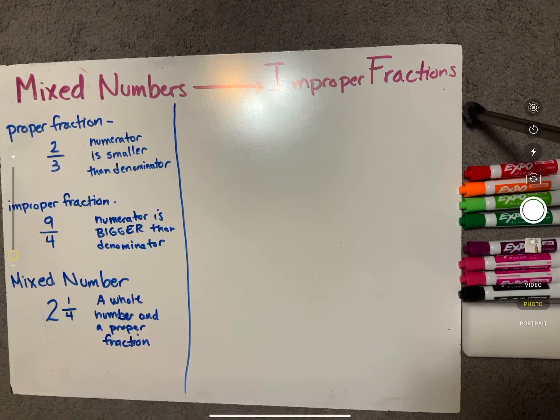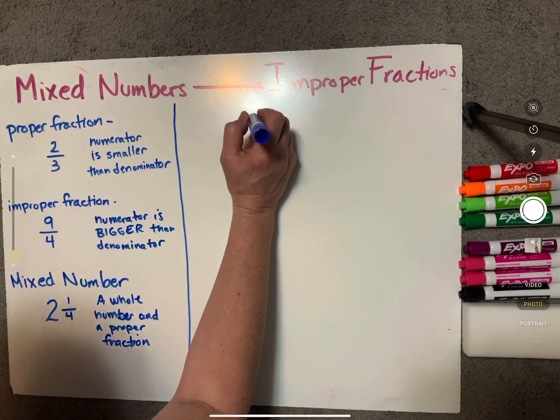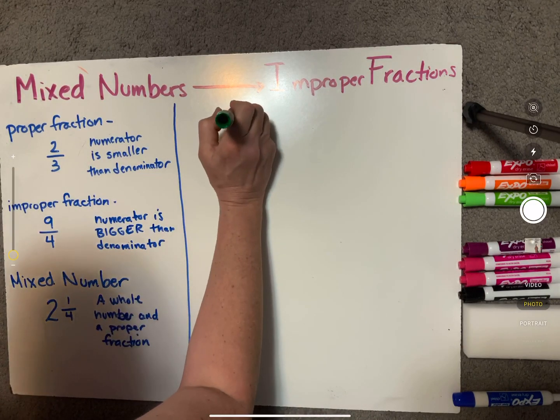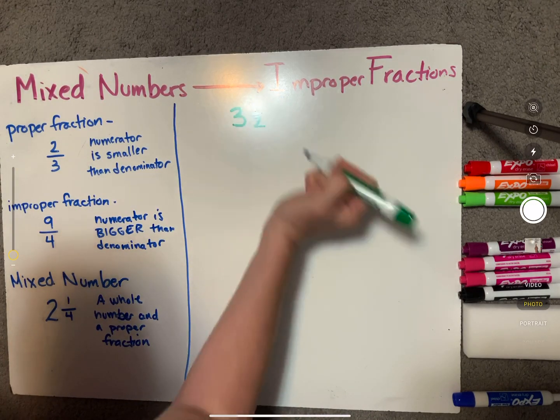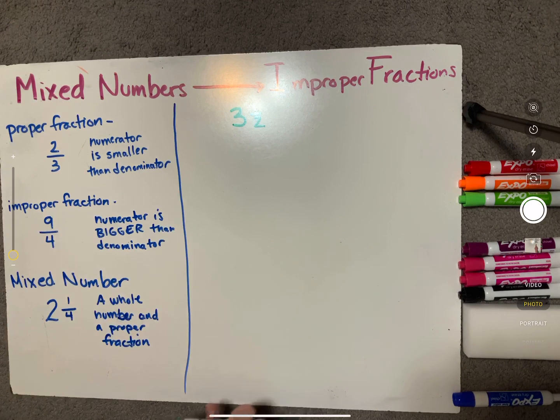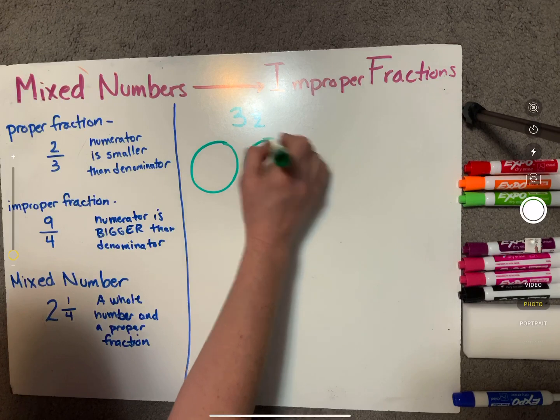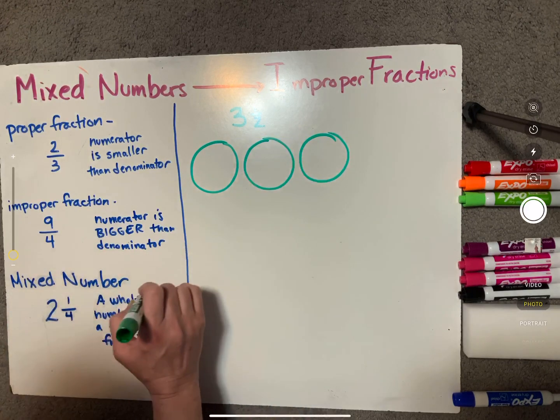Okay, so if we think about our fractions and we draw them, let's say I have the fraction 3 1/2. If I were to draw 3 1/2, I'd have 1, 2, 3 wholes, correct?